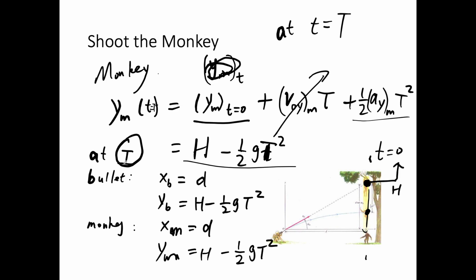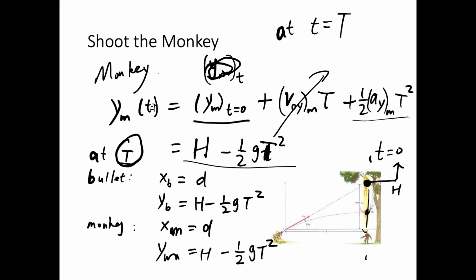So at time capital T, the x position of the bullet equals the x position of the monkey. The y position of the bullet equals the y position of the monkey. So of course, at the same location, the bullet always gets the monkey.